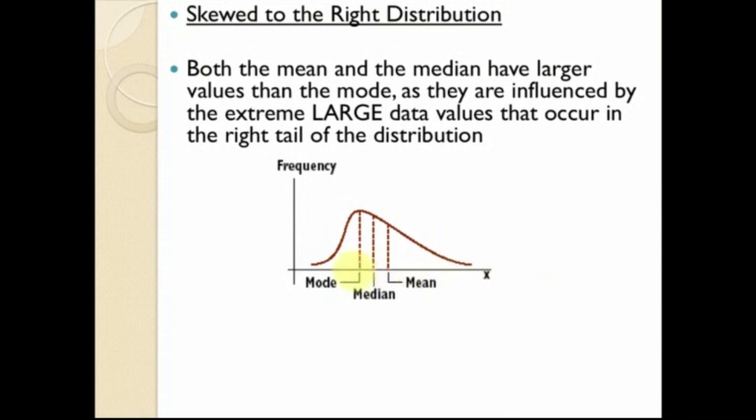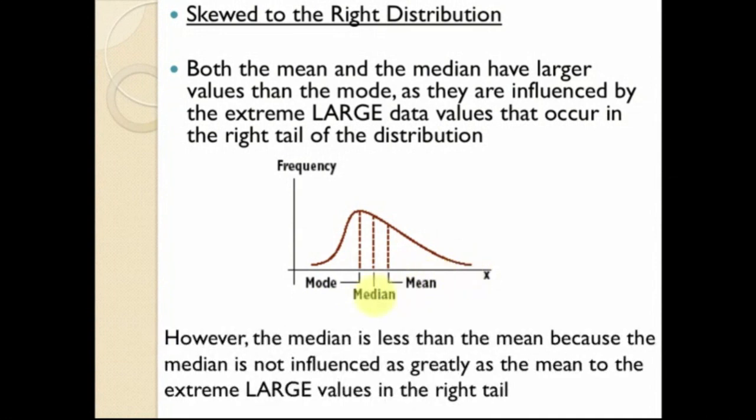Because of that test score of 100, the mean is inflated, right? Imagine you're adding up 5 test grades, all of which are 70, but the last one is 100, you're going to have an inflated mean. It's going to be greater than the other data values, the 70s, because of the calculation involving the 100.